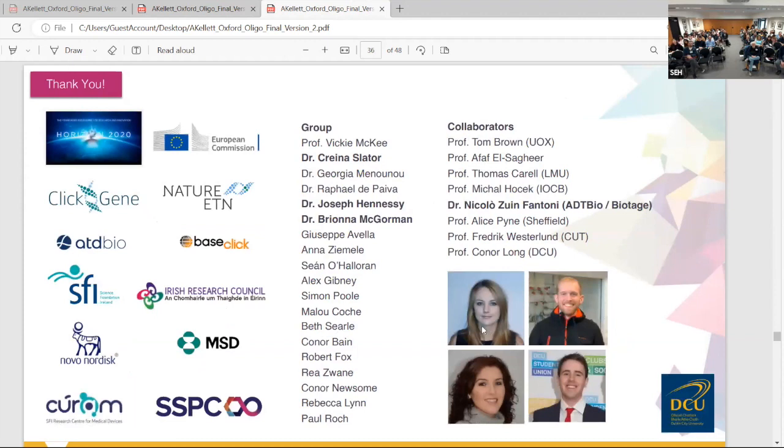The dinuclear copper compounds, much of this work was led by Dr. Karina Slater, Dr. Nicolau Fantoni, who's now working with Tom at ATDBio, worked on the caged copper compounds. Rina McGorman, who's here, has worked on the enzymatic incorporation, and Joseph Hennessy on the azido platinum analogs, and obviously to everyone who's funded this work.